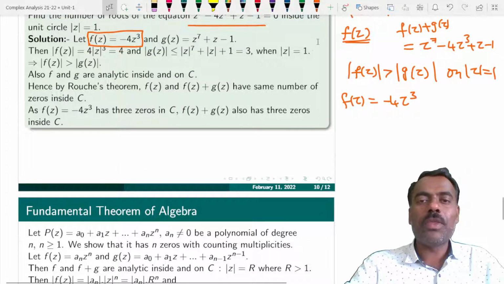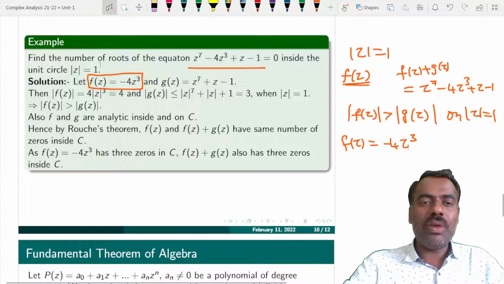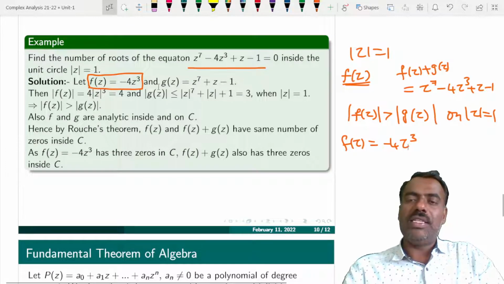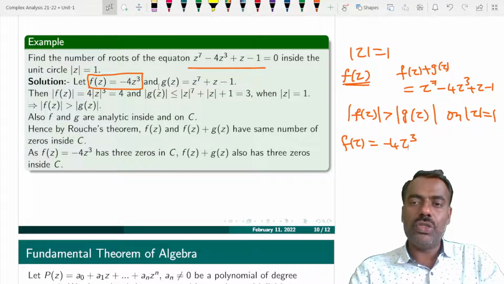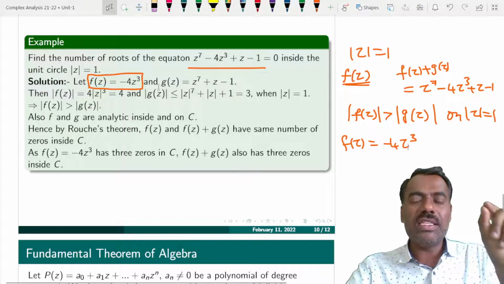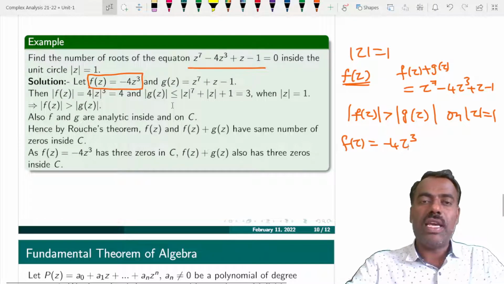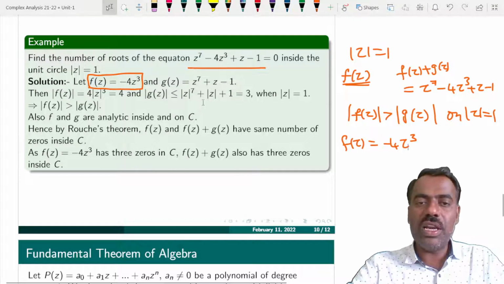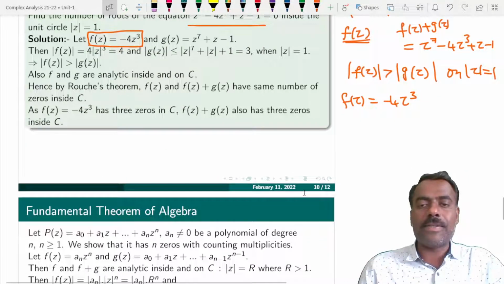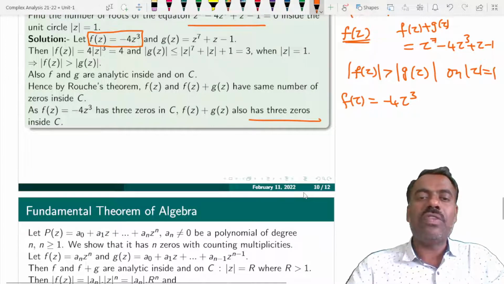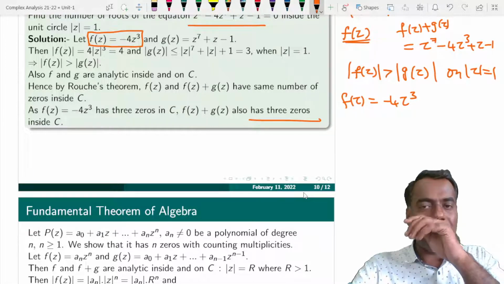So mod F of z is strictly greater than mod G of z, and F of z is 4z cube. This has only one zero, with multiplicity 3: 0, 0, 0. So F has 3 zeros inside C. Therefore F of z plus G of z, which is the original one, also has 3 zeros inside C.